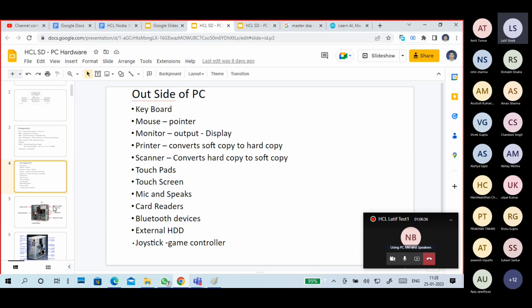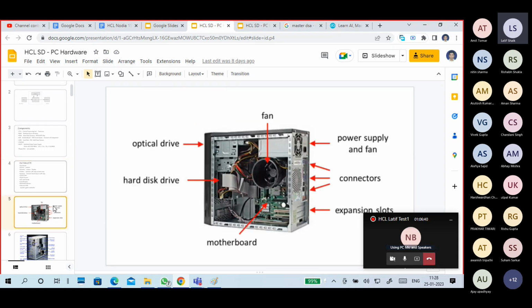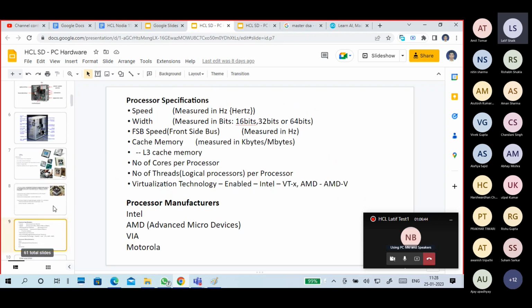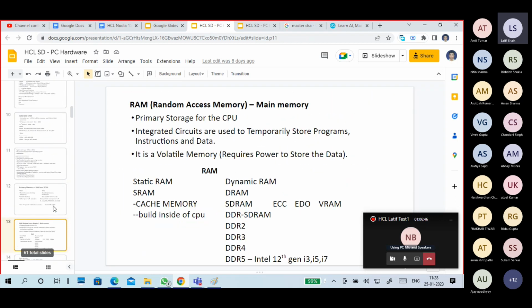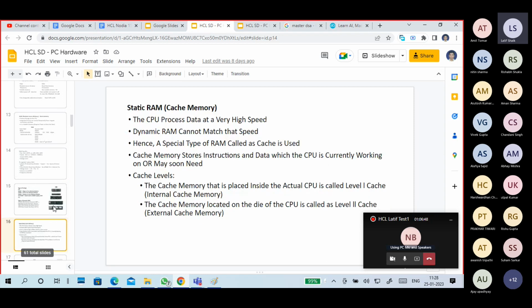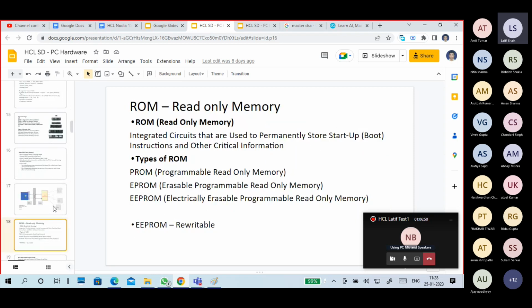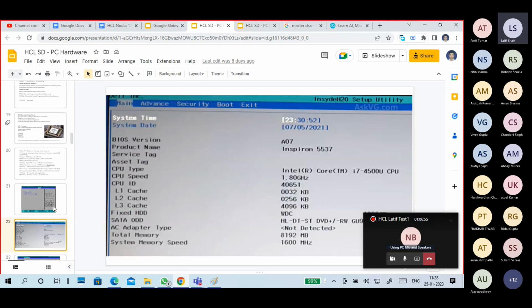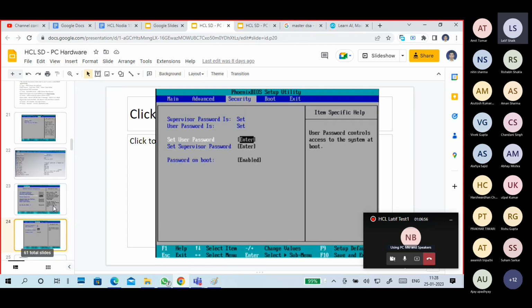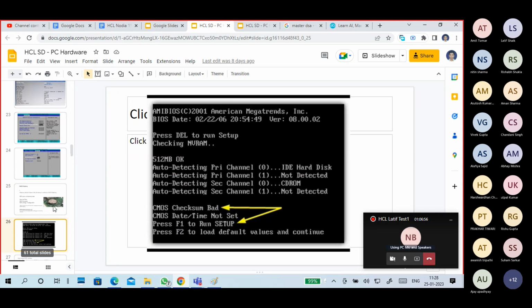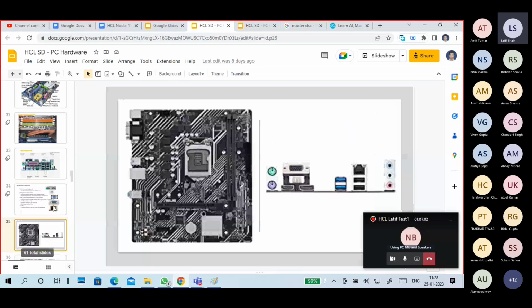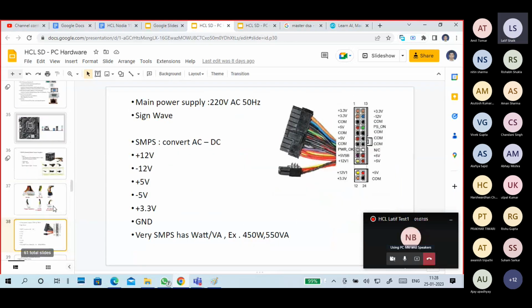mics, external hard disks, joysticks, this kind of stuff we are connecting. And we will discuss what is CPU, what is RAM, what is ROM, what is BIOS, BIOS settings, what is motherboard, and what is SMPS.